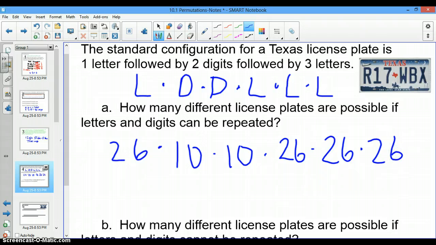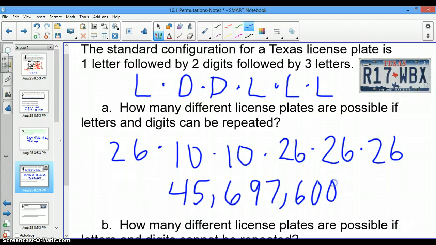We multiply those numbers together, we'd get 45,697,600 different ways that we could arrange that Texas license plate. Because license plates are individual, they're specific to a person's car, they're not repeated.